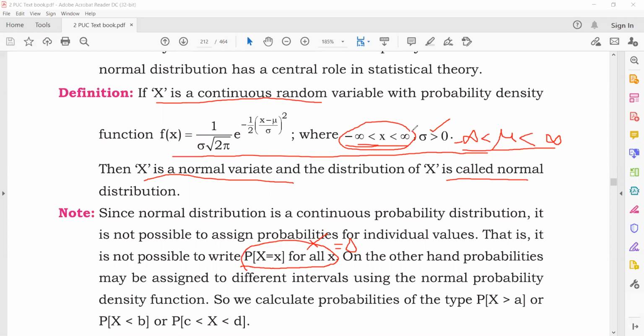So that is one interpretation. Another interpretation is that x is continuous. When we say x is continuous, you cannot exactly specify the value of x. Even your age, your marks, your weight, your height are all continuous variables.